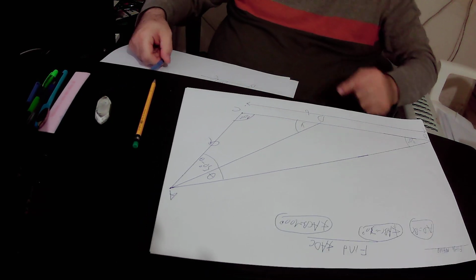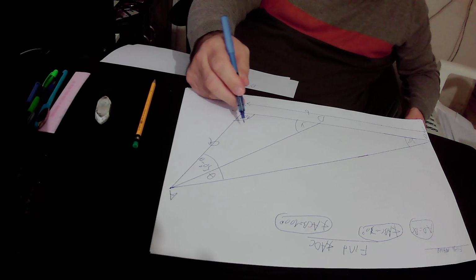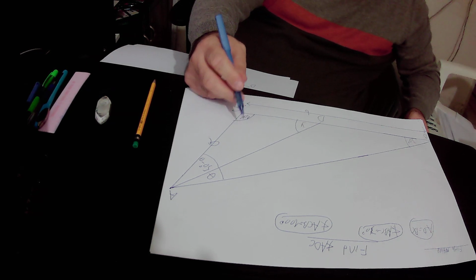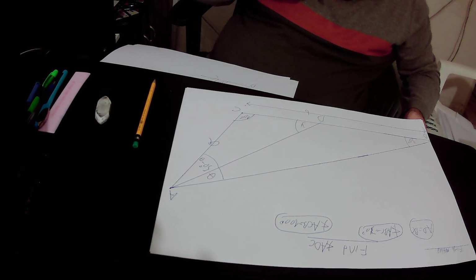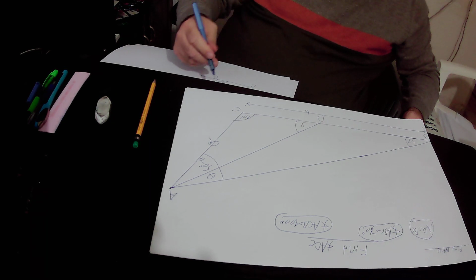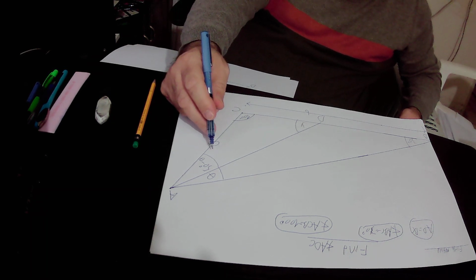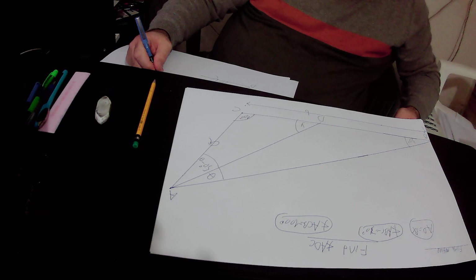then in triangle ADC the sum of the angles must be equal to 180 degrees. So here we have 50 degrees minus theta.